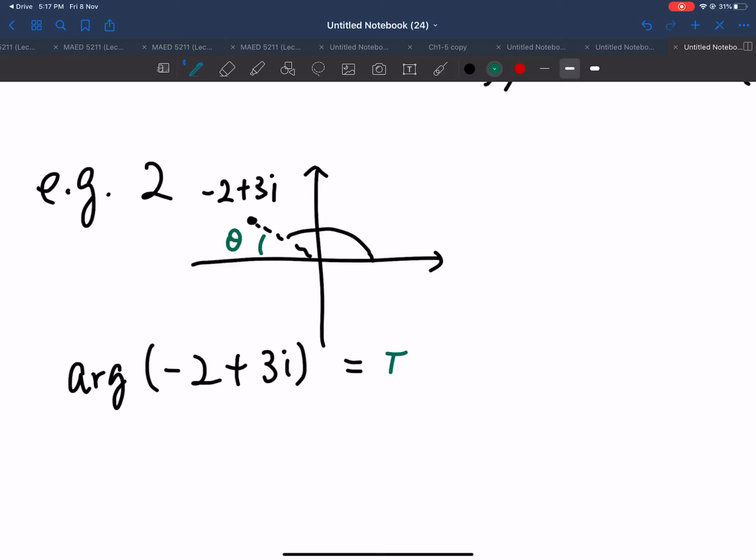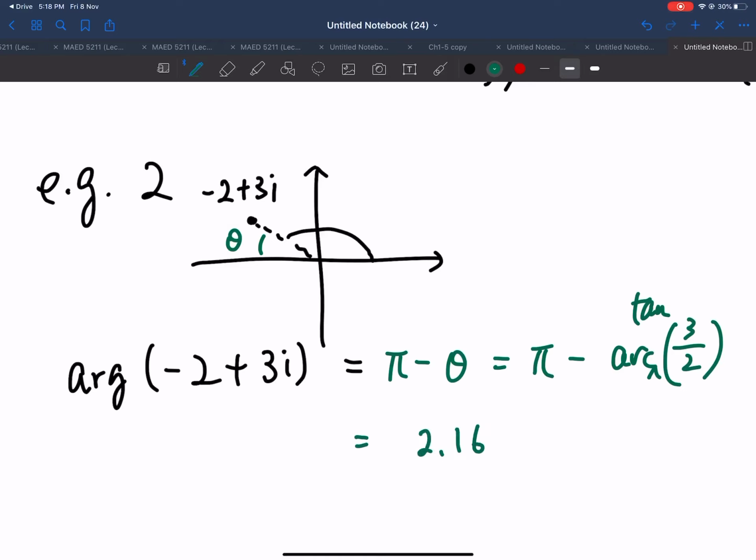The answer should be pi minus theta. It's arctangent, okay. Then the answer should be 2.15, 2.16.